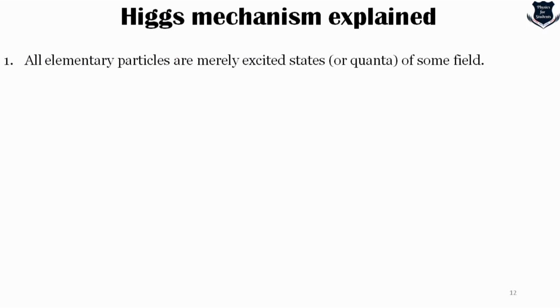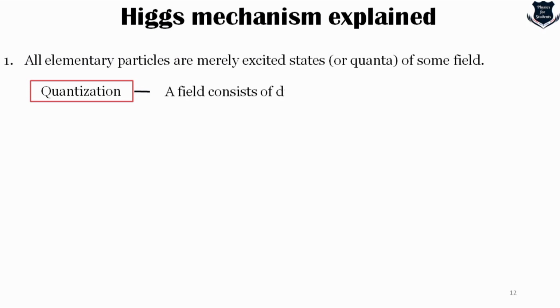This includes the Higgs boson, which is the quanta of the Higgs field. So quantization is basically a field consisting of discrete energy parcels. From continuous we are moving into something discrete.